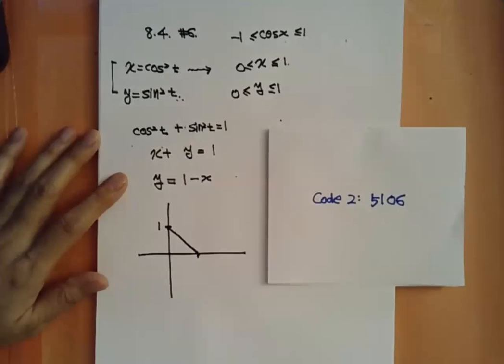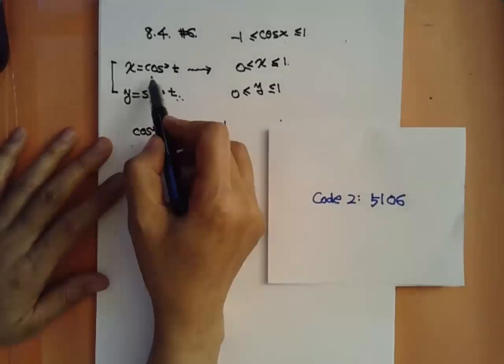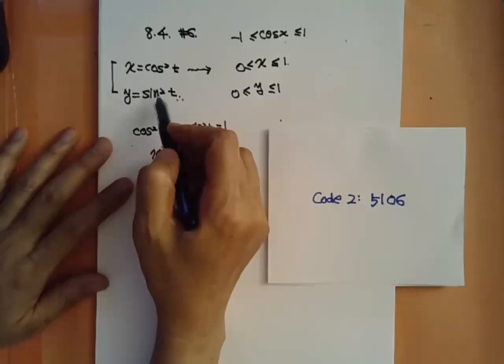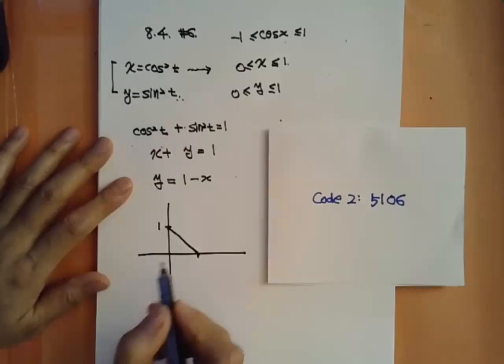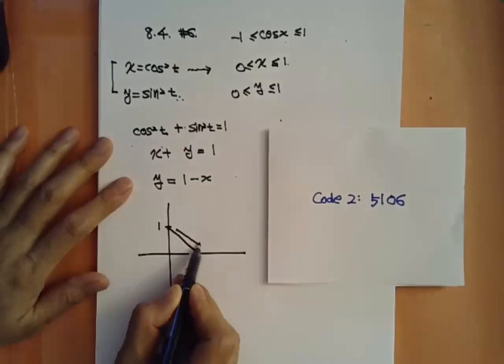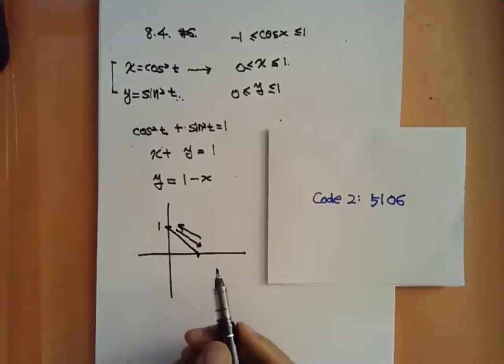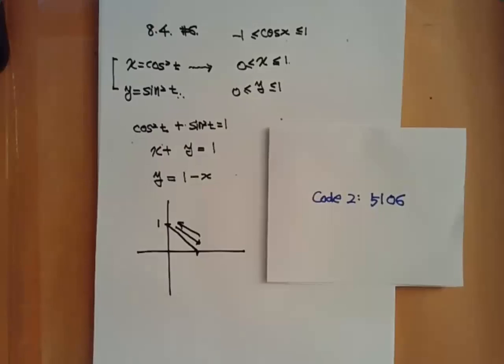And then cosine and sine are periodic functions, and so it goes up and down and up and down for each. That just means it'll oscillate between these in the line segment forever. So that's the way you will do your reasoning when you choose the correct answer. And so part B is also solved.